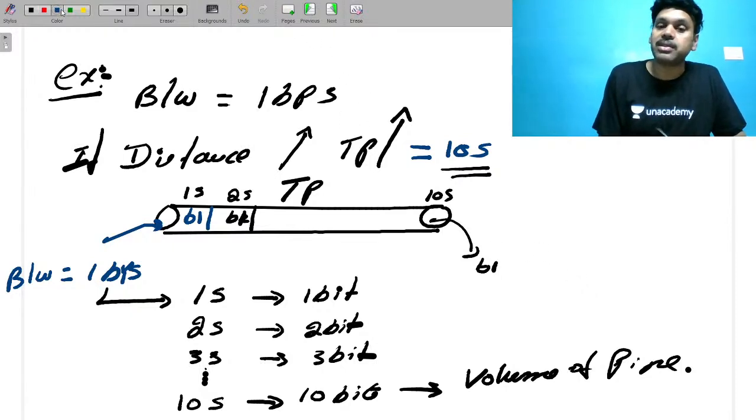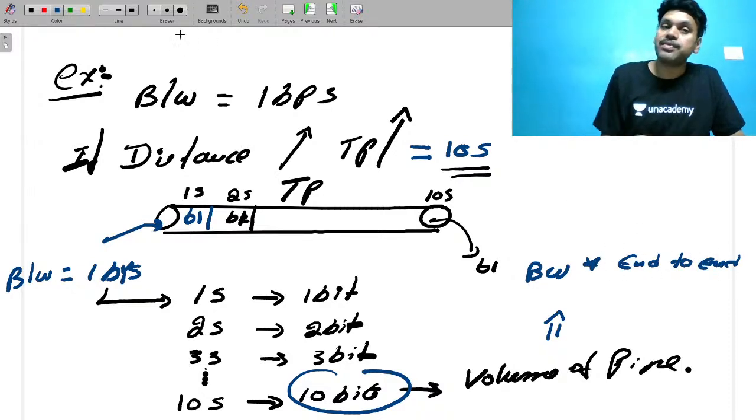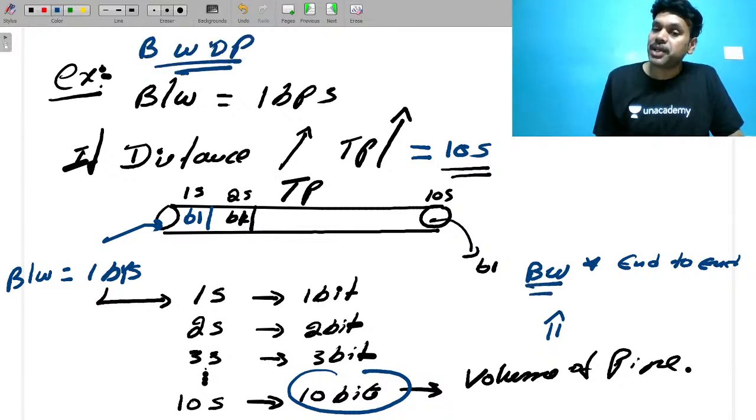How did you get this 10? You got this 10 like this. The bandwidth delay product is nothing but bandwidth into end-to-end delay. That is the meaning of bandwidth delay product, BDP. You were given bandwidth and end-to-end delay. My bandwidth is 1 bit per second.